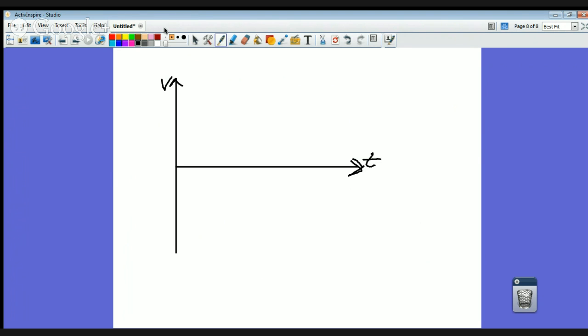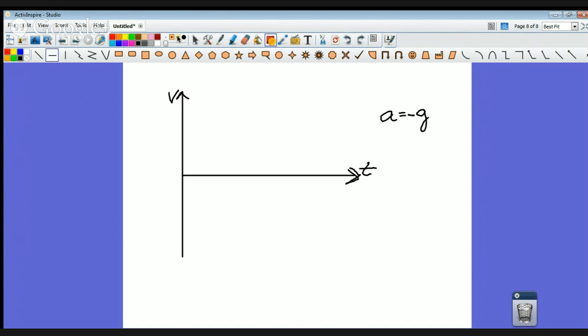Well, you know that the slope of a velocity time graph is the acceleration. And since we're going to say that up is positive and down is negative, the acceleration is going to be negative g. So the slope of the line should be negative 8 or negative 10. So it should look something like this.